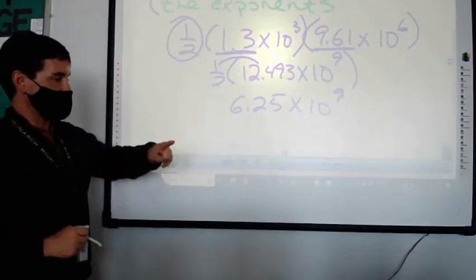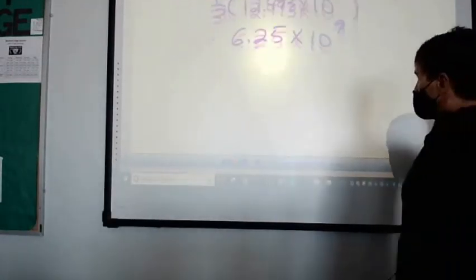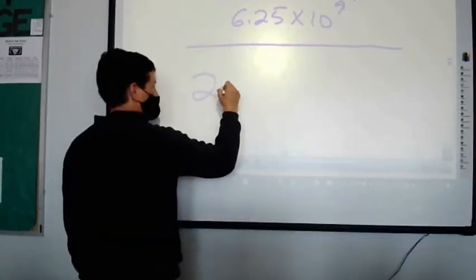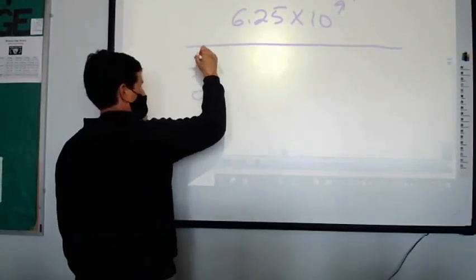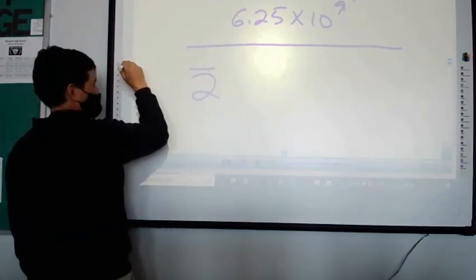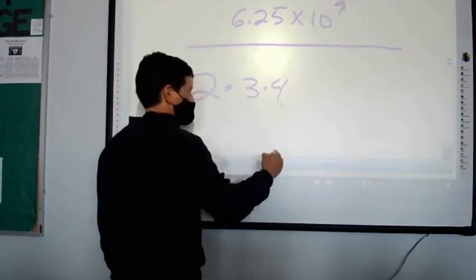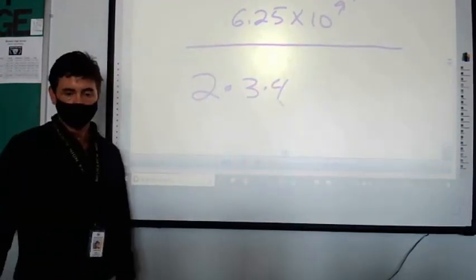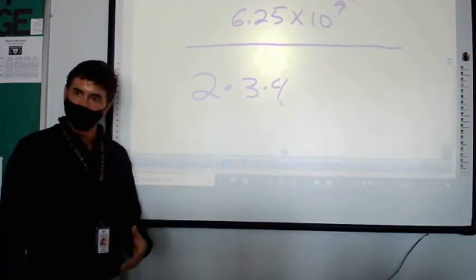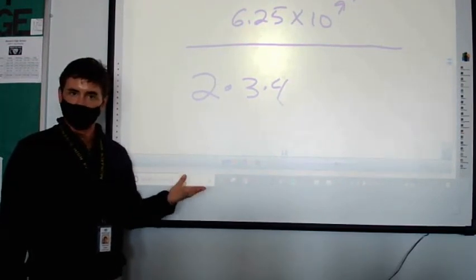So why do we do it like that with the multiplication rules? Totally unrelated example. If we just have 2 times 3 times 4, you don't multiply the 2 times both the 3 and the 4. You only multiply the 2 times 3 and then multiply by the 4.